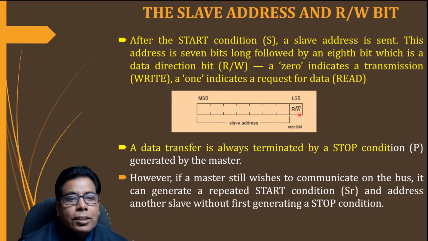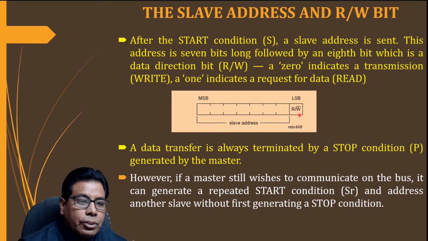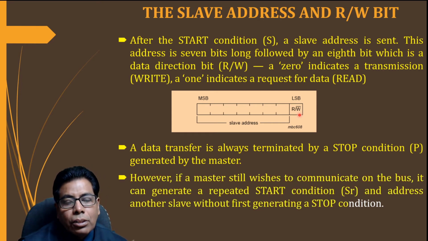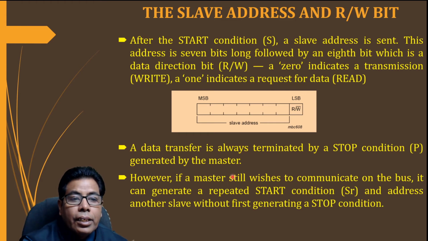Then data transfer is always terminated by a stop condition, that is the P. We have already seen this, that it is generated by the master. However, if the master still wishes to communicate on the bus, it can generate a repeated start condition, SR. So if the master needs the bus for more transfer of data, it can go for the SR condition and address another slave without generating the stop condition.